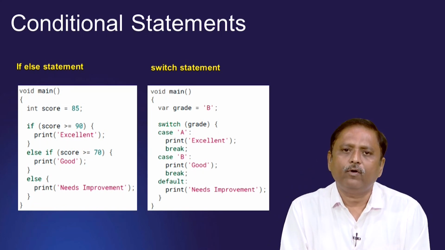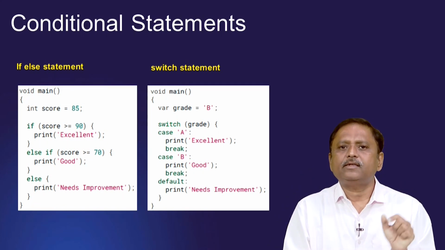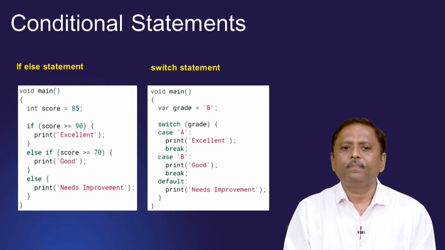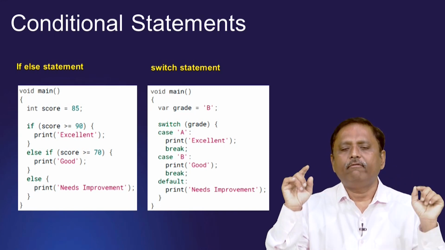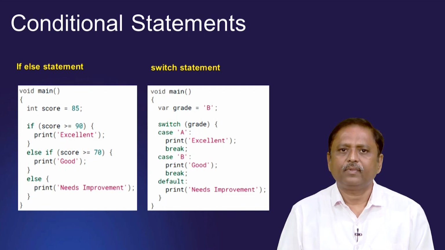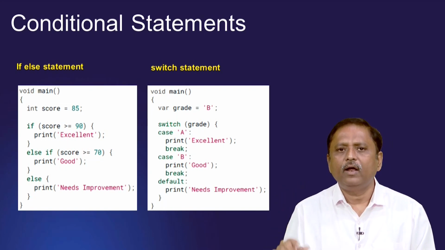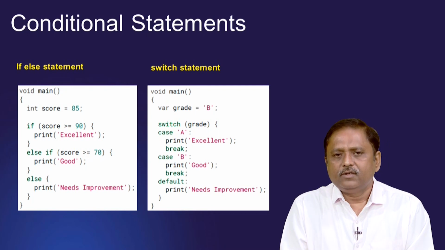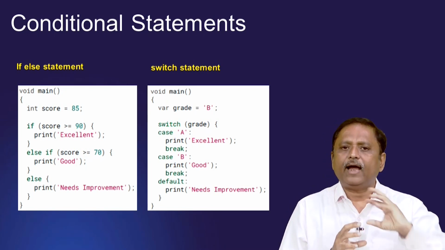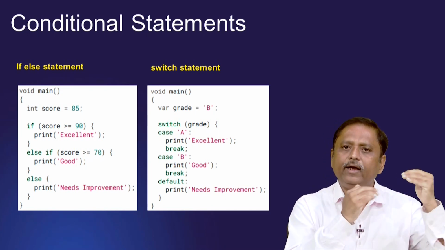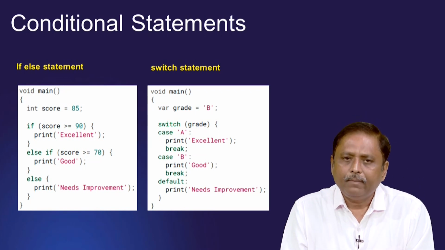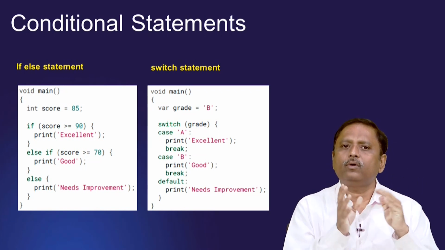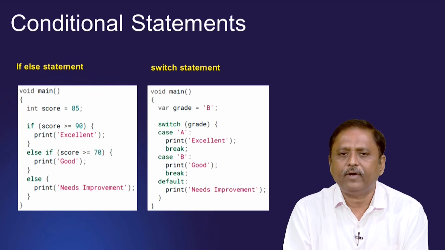So, every case starts with case keyword, then value of case, then we have to write down colon, and whatever statement we want to execute for that case we have to write down, and in last we write down break, which is similar to closing curly bracket of if else part.